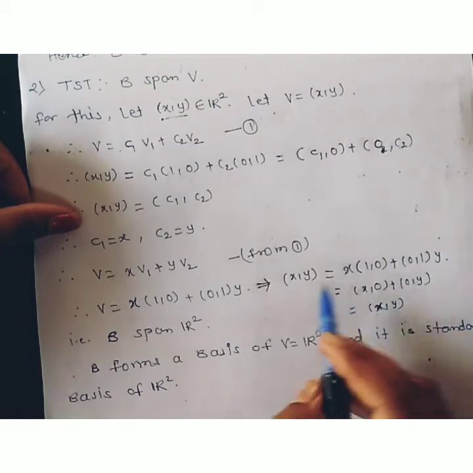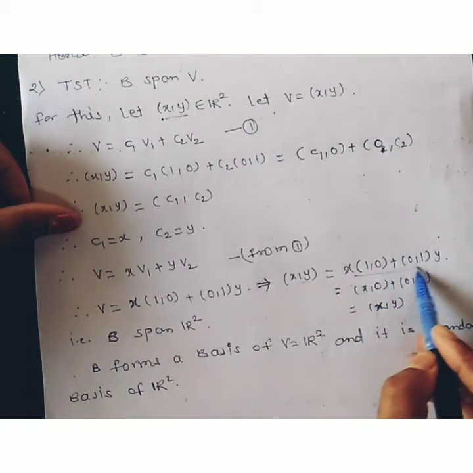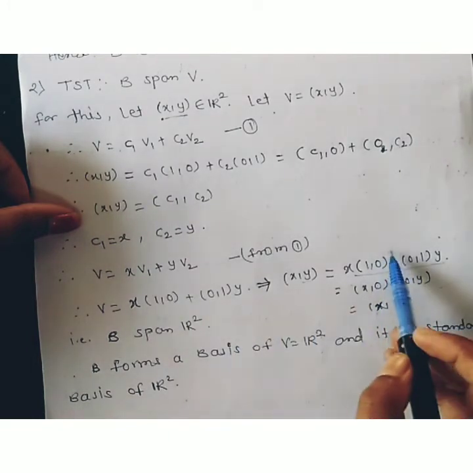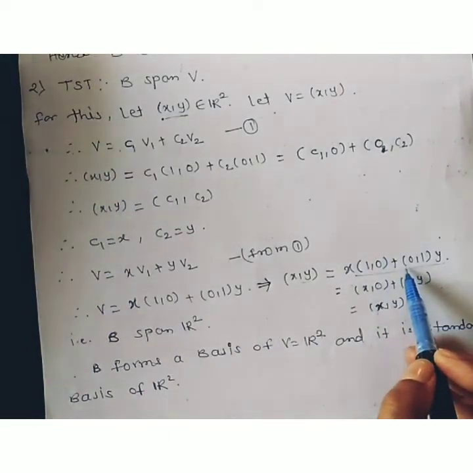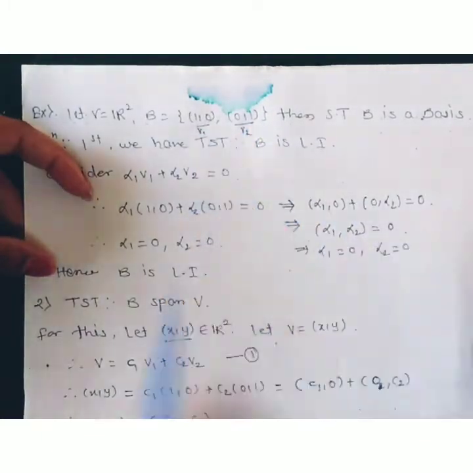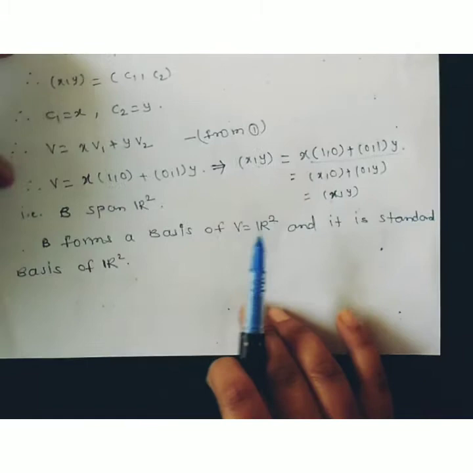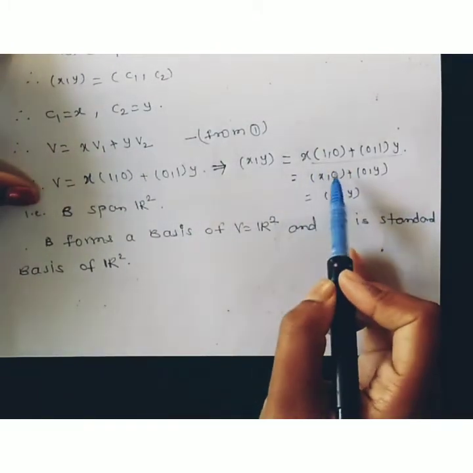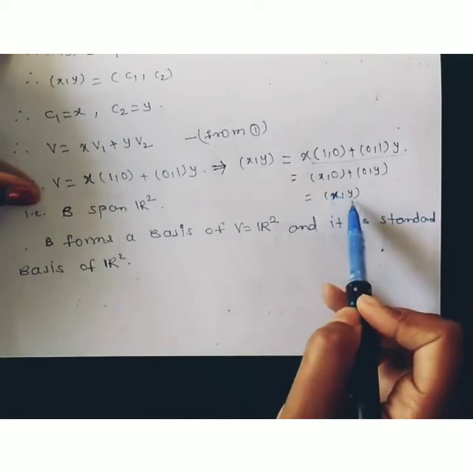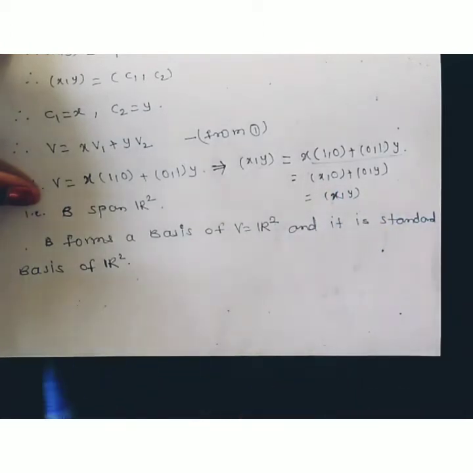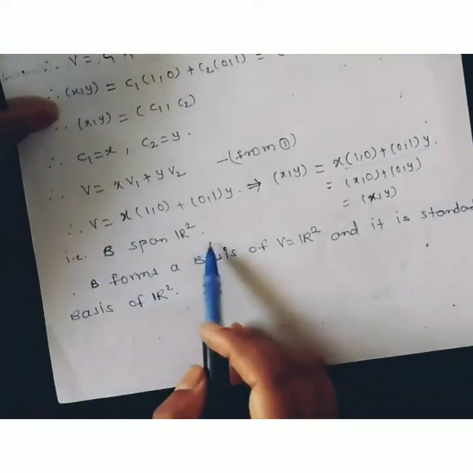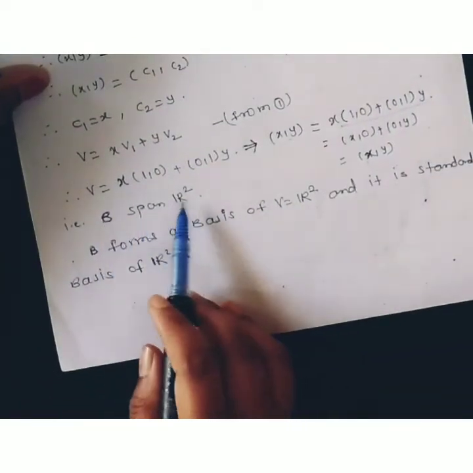Therefore, this ordered tuple can be expressed as a linear combination of these vectors (1, 0) and (0, 1), which are nothing but the vectors of the set given here. So every non-zero vector (x, y) of R2 can be expressed as a linear combination of these basis vectors, which implies B spans R2.